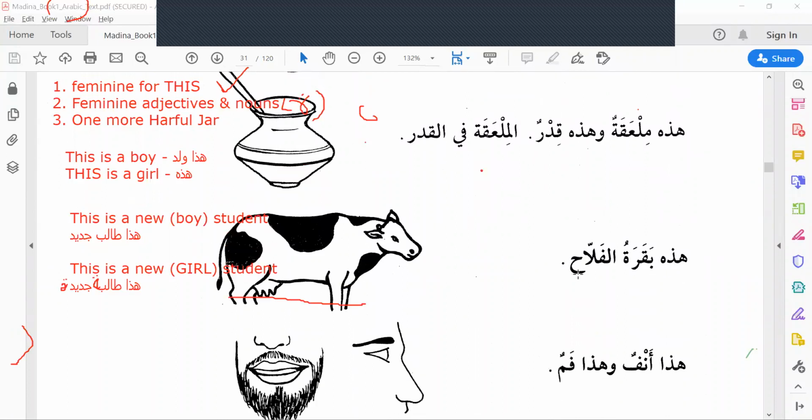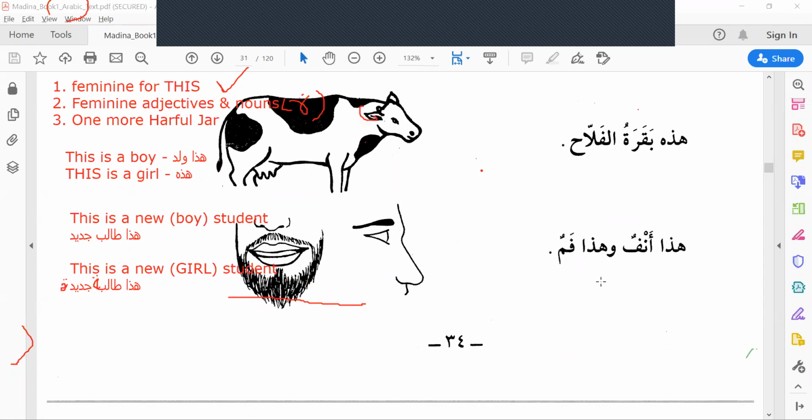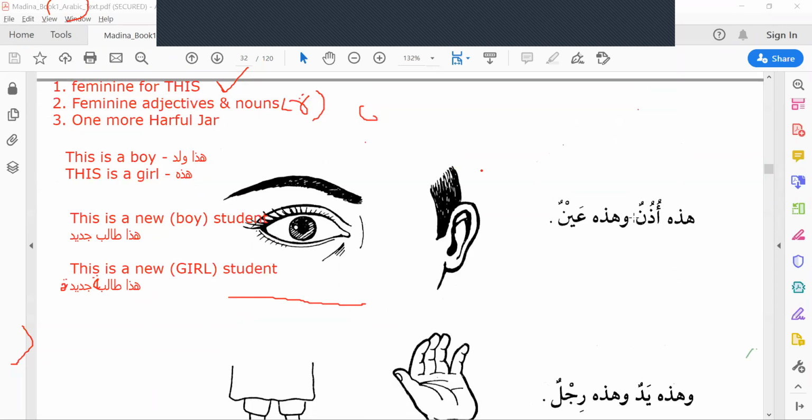Hadihi baqaratul fallahi. This is the farmer's cow. Hada anfun wahada famun. This is a nose and this is a mouth. Hadihi udhunun wahadihi ainun. This is an ear and this is an eye.